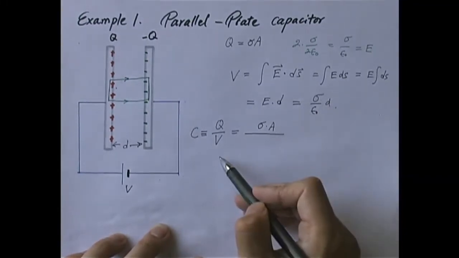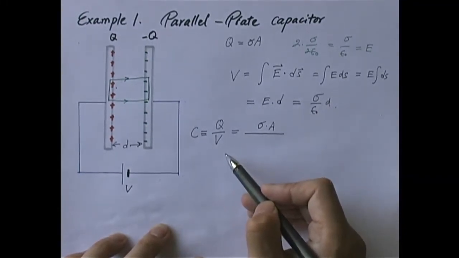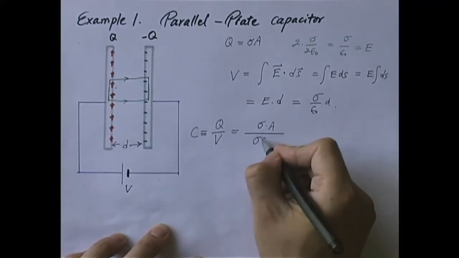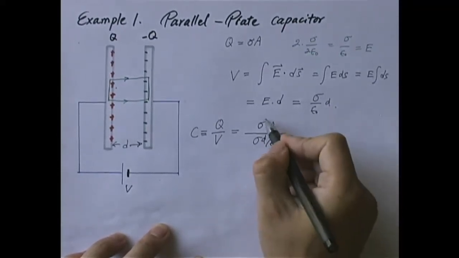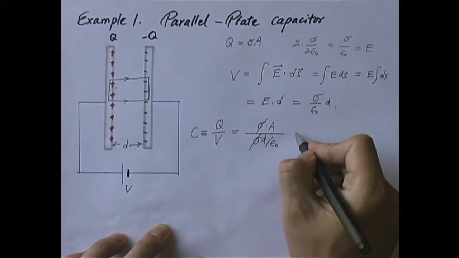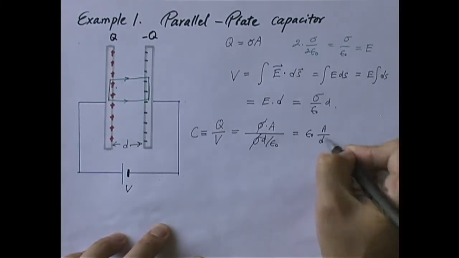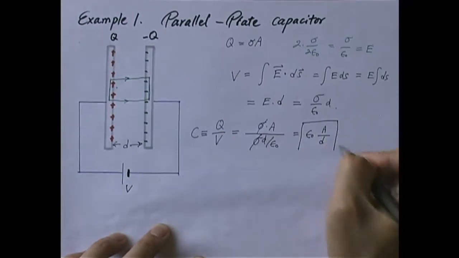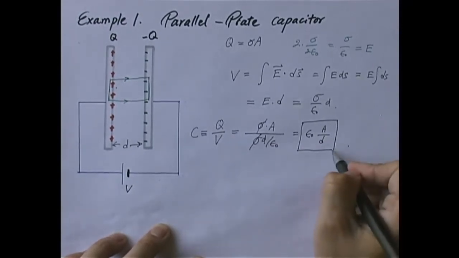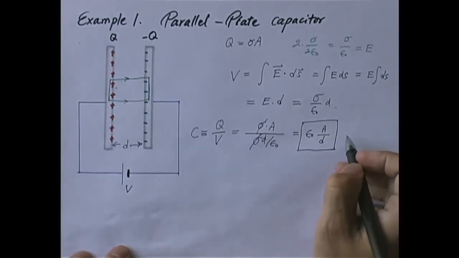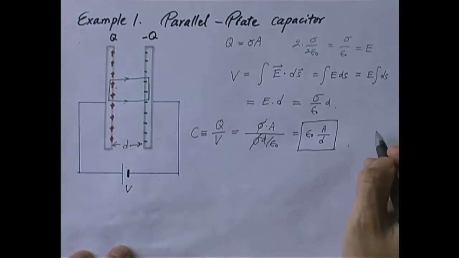Okay, you divide it by V, which is sigma d over epsilon naught. So you see sigma and sigma indeed cancels out. You're left with epsilon naught A over d. Okay, this is the electrical capacitance of a parallel plate capacitor.